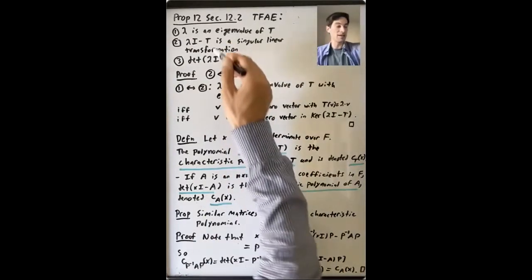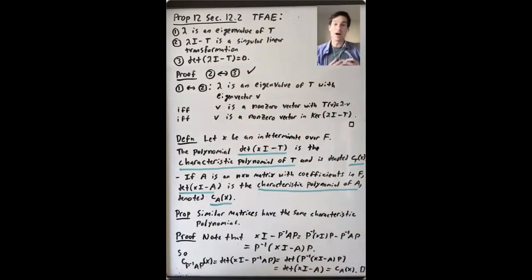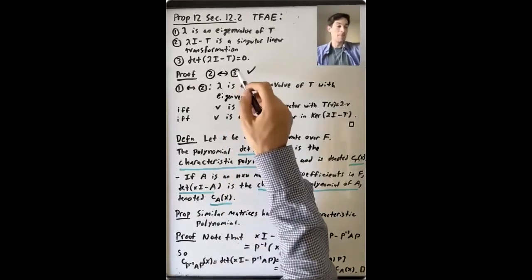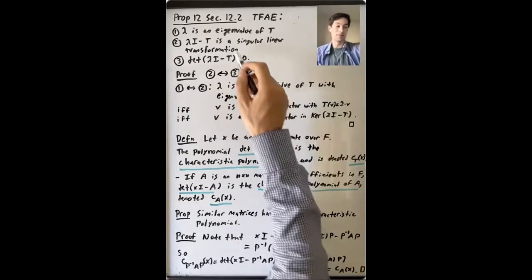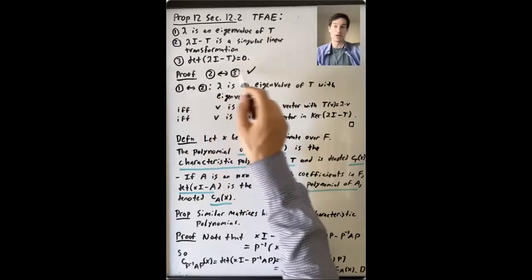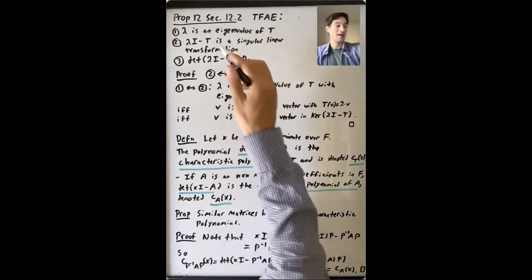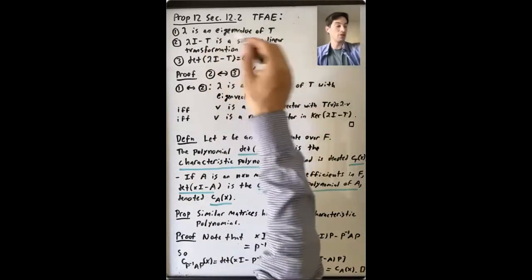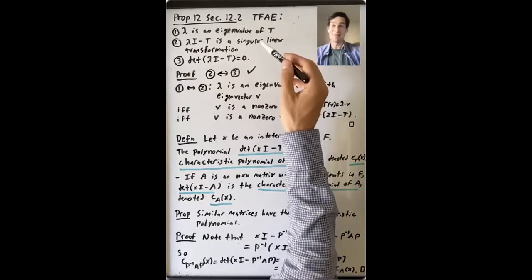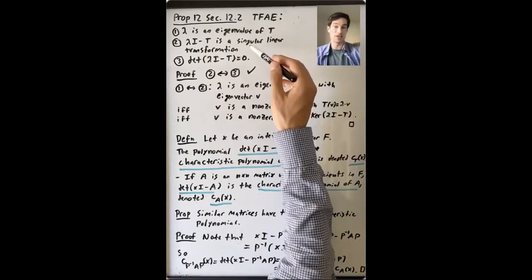Okay, so what have we seen already? The things that we recalled about linear transformations being singular and matrices having determinant 0 already show that 2 and 3 are equivalent. A linear transformation is singular if and only if any matrix representing that linear transformation is singular.